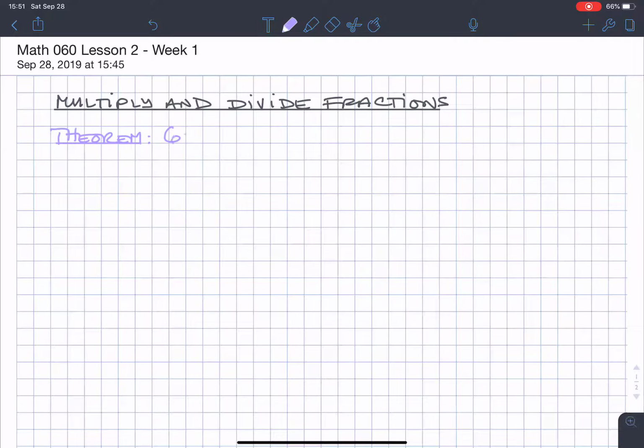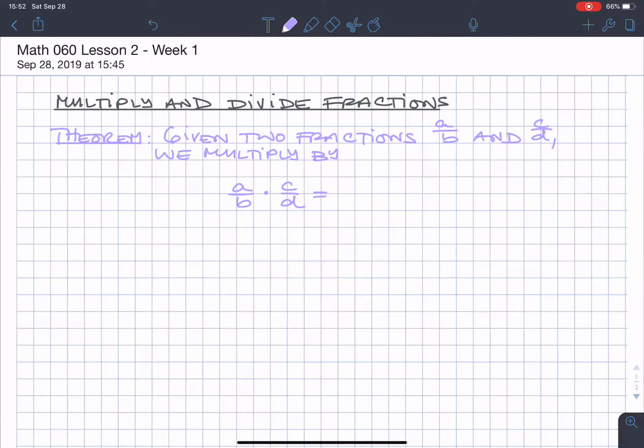Given two fractions, a over b and c over d, we multiply a over b times c over d.